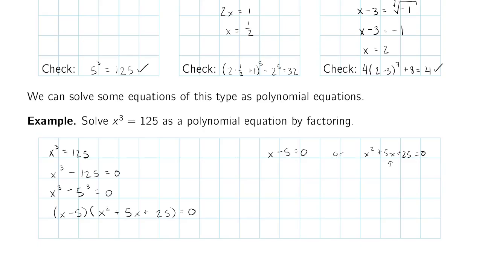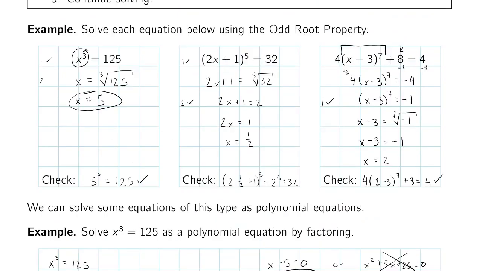Remember, this is prime. And so far we've said, yeah, that's just never 0. We'll see a stronger reason for thinking that that's never going to be 0 in just a little while now. But here we add 5 to both sides and get x equals 5.